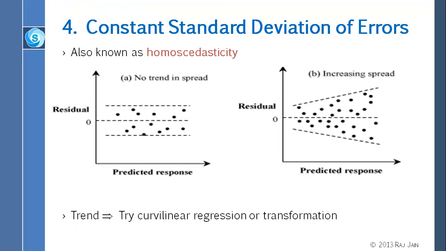Fourth is the constant standard deviation of errors. So the standard deviation of errors is basically, when you plot this thing, what we are talking about is what we call the spread in the error.